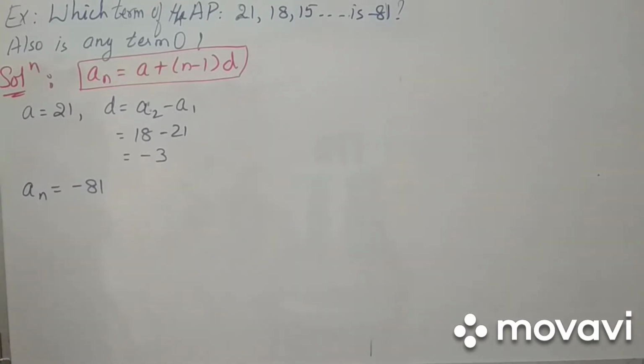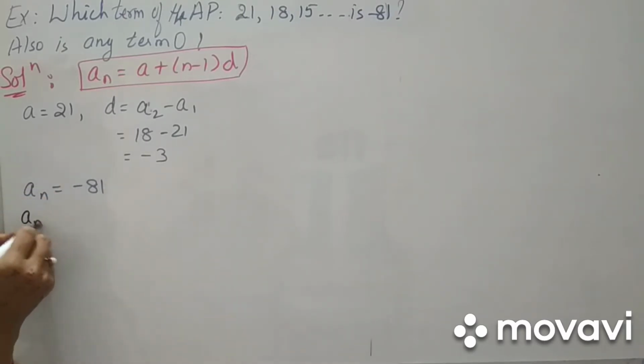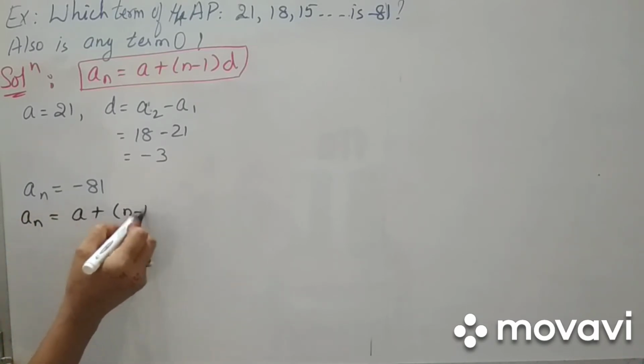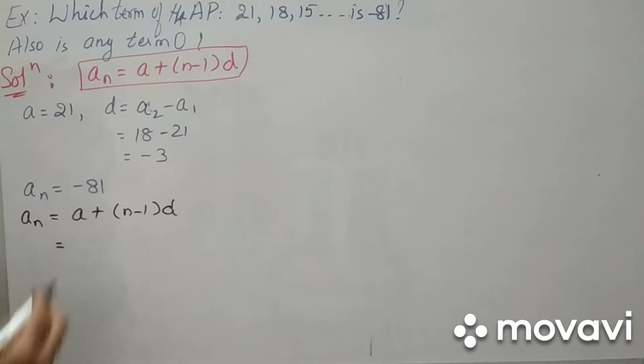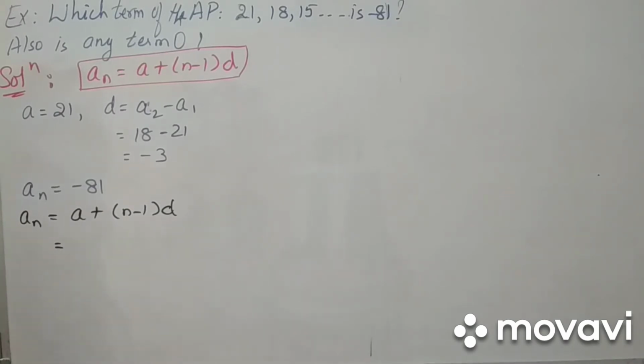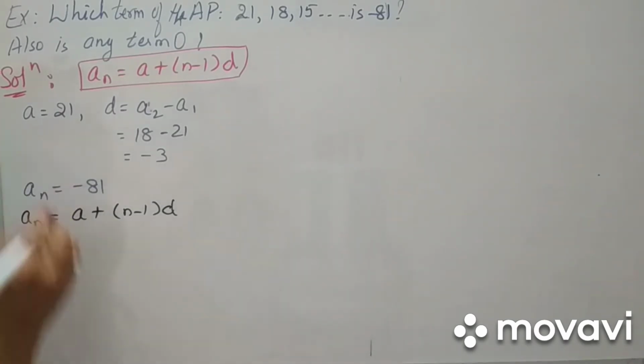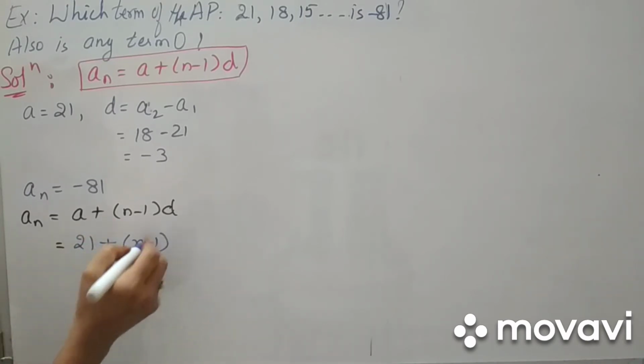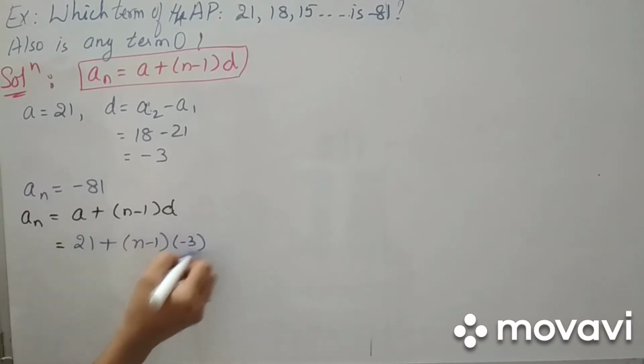Now put it in the formula. What is the formula? An is equal to A plus n minus 1 into D. Now simplify it. A is 21, n we don't have, and D is equal to minus 3.